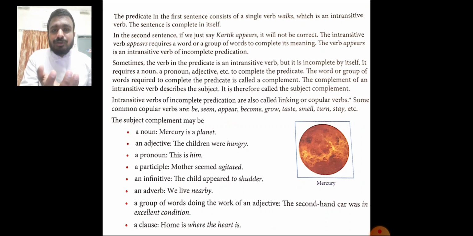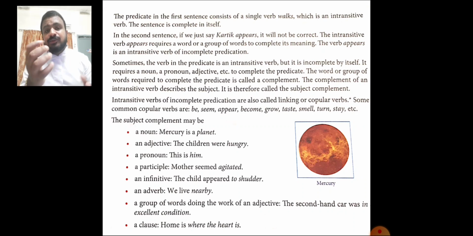In simple words, we can say that intransitive verbs can be divided into two. One is intransitive verbs itself, and second one is linking or copular verbs. That means linking as well as copular verbs need someone to stand. The other intransitive verb does not need anyone to stand.